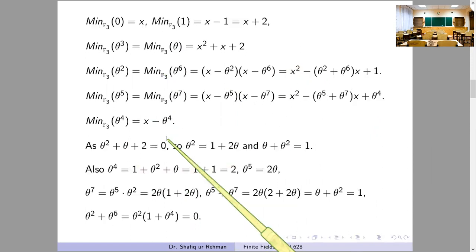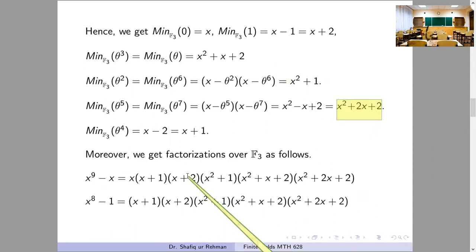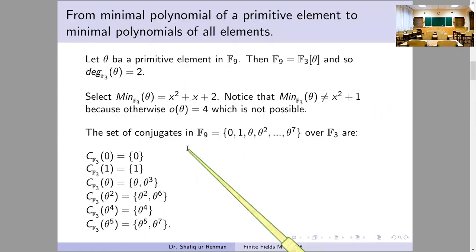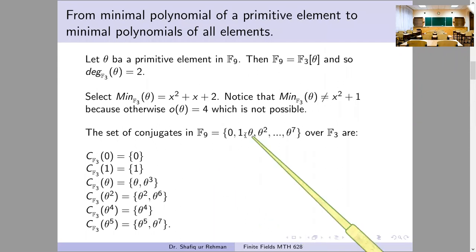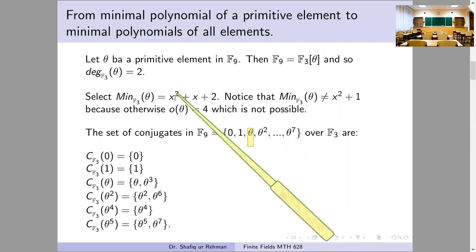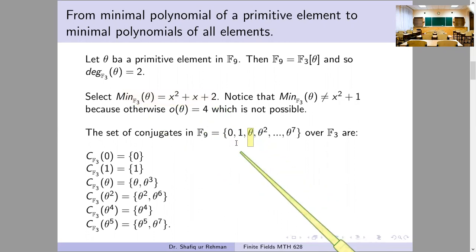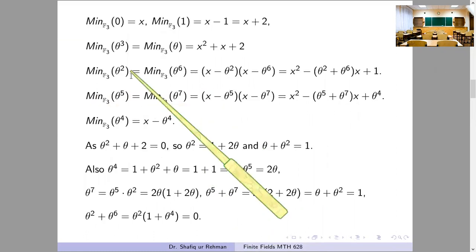So this is the method to use the given minimal polynomial of some primitive element and then find the minimal polynomial of all the elements. Here notice that theta was the primitive element. From the start we know the minimal polynomial of theta, and by using this expression we can find the minimal polynomial for all the remaining elements by using the conjugates.